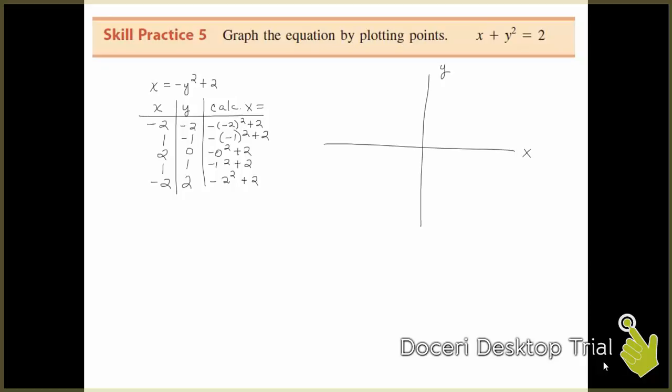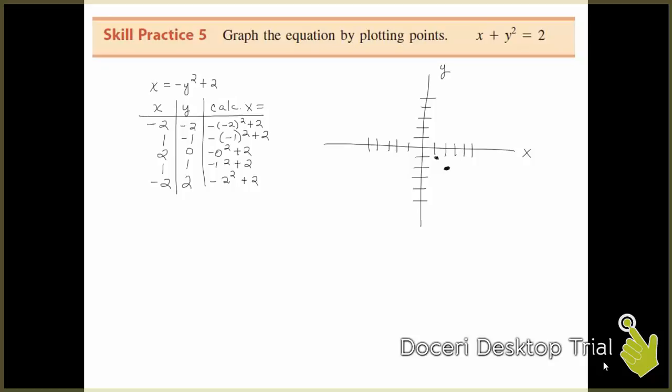X-axis, Y-axis. Okay, so we have negative 2, which is right here. Then we have 1, negative 1.